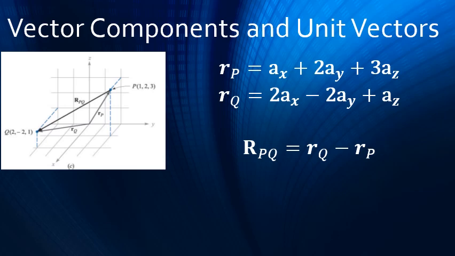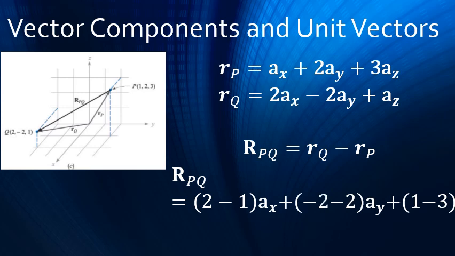At since dahil nakuha na natin si RP and RQ dito sa umpisa, ayan, gagawin natin component method. Okay? Combine lang natin yung like terms kung along AX lang. So dito, 2 minus 1 kasi 2 yung RQ tapos 1 kay P. Then, along Y or unit vector AY, negative 2 minus 2 and so on.